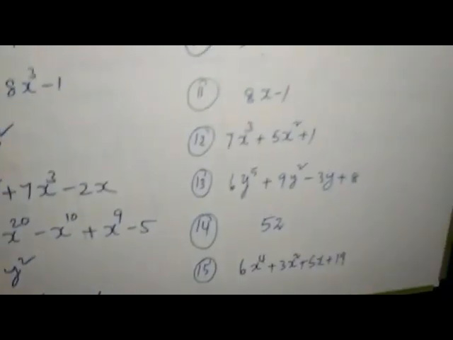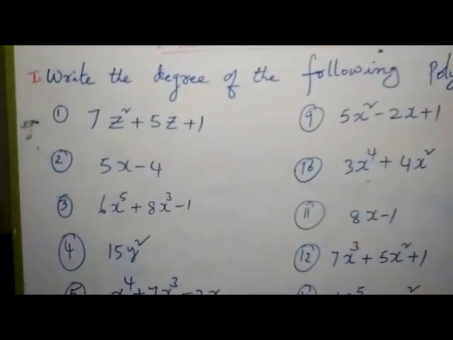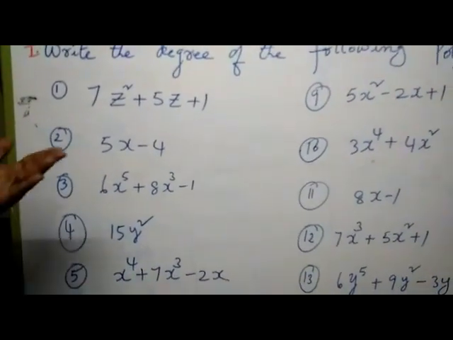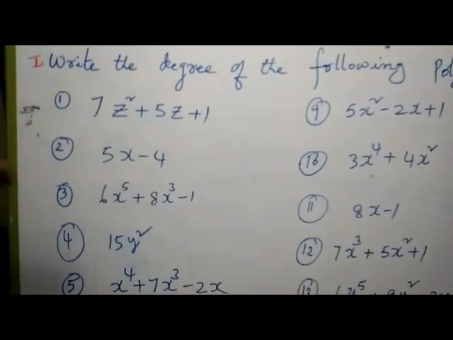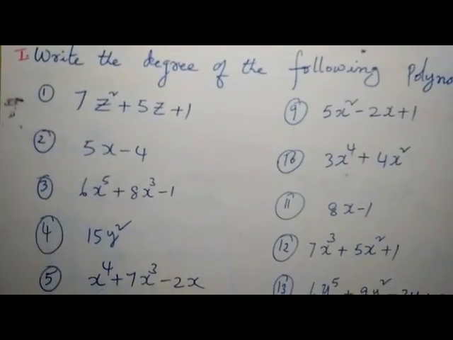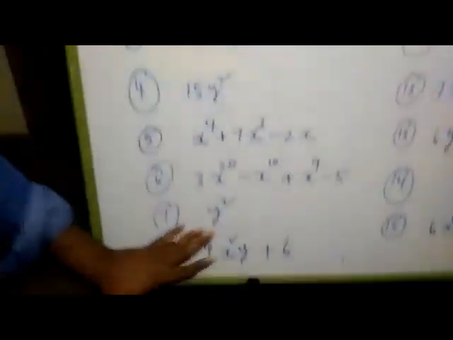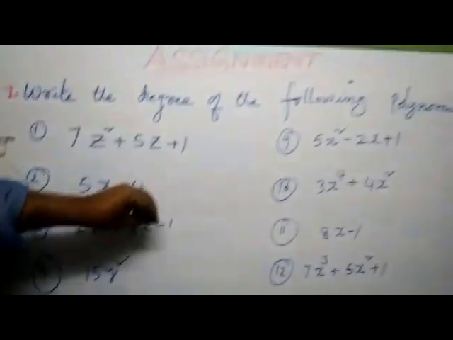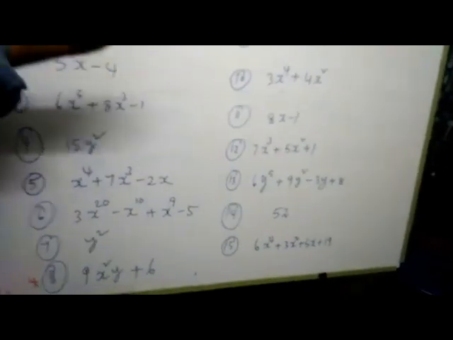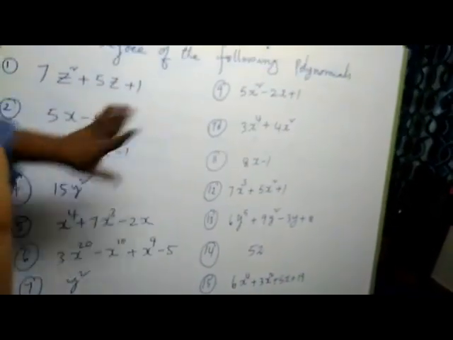Almost all 14 sums are polynomials in one variable. Only the eighth question is a polynomial in two variables. Why? Because the polynomial in one variable is what is important. So all of you solve this. Write the answers.